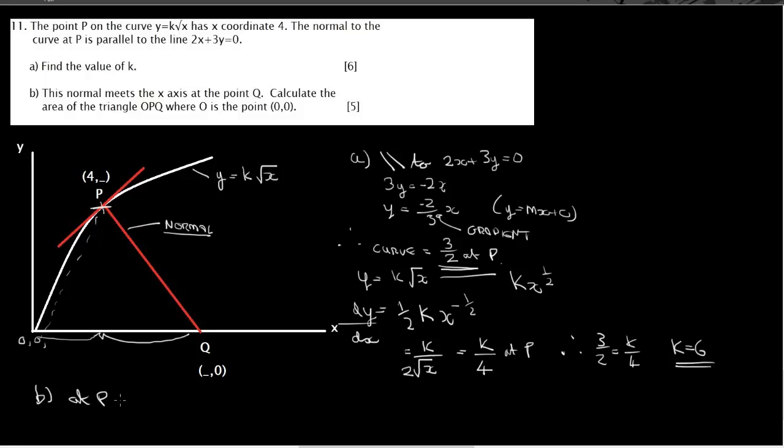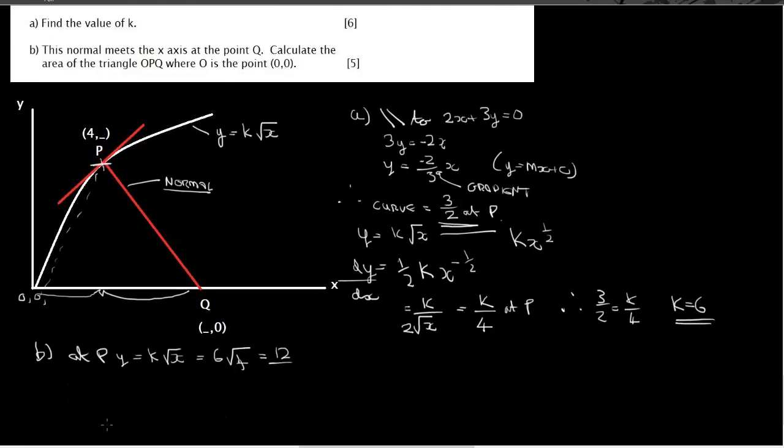Now I can see that at P, y equals k root x, 6 root 4, which equals 12. So we've got the y coordinate there of P. So P equals 4, 12.